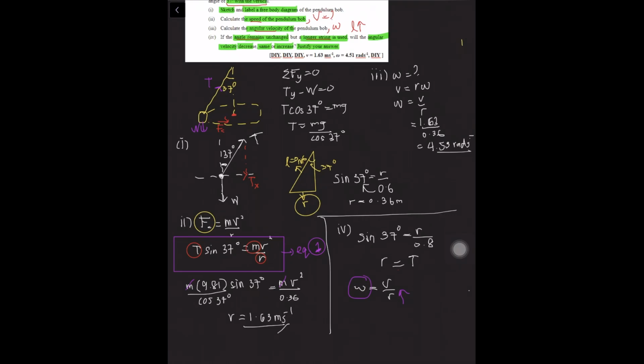Angular velocity will decrease, because omega and radius are inversely proportional. Angular velocity will be decreased because omega is inversely proportional to r. So that is our answer.